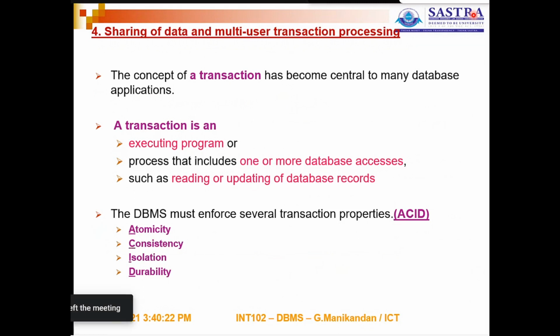Whenever we use the term program, you are going to have some sequence of instructions. Now, as part of the instructions, if you have one or more instructions pertaining to database access, such as reading, meaning a select or update operation, then that particular program comes under the category called a transaction.